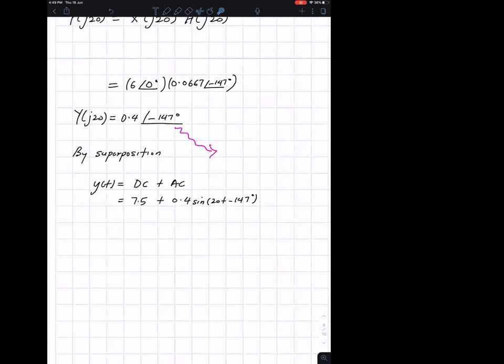next question is for part B. Let's say now your x(t) is a step function.